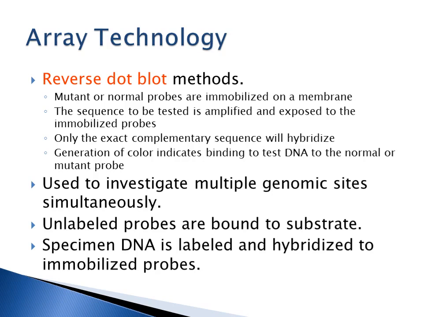So this is going to be used to investigate multiple genomic sites simultaneously. So instead of investigating one gene and another gene and another gene, you can look at many genes at the same time. So you have your unlabeled probes bound to your substrate, you label your DNA, and then you're going to hybridize your labeled DNA to your immobilized probes.